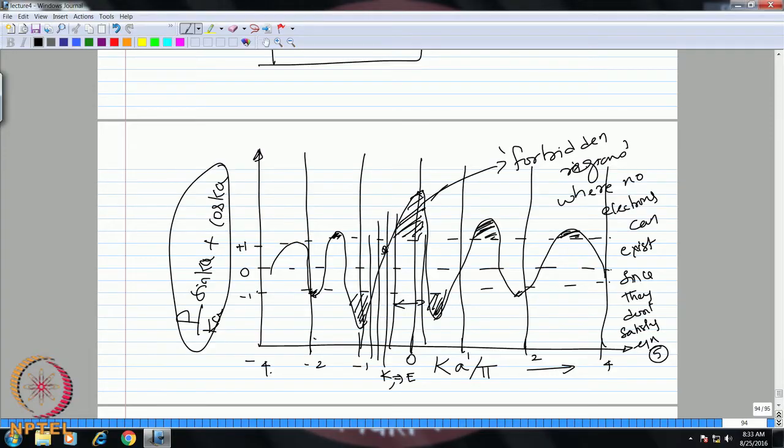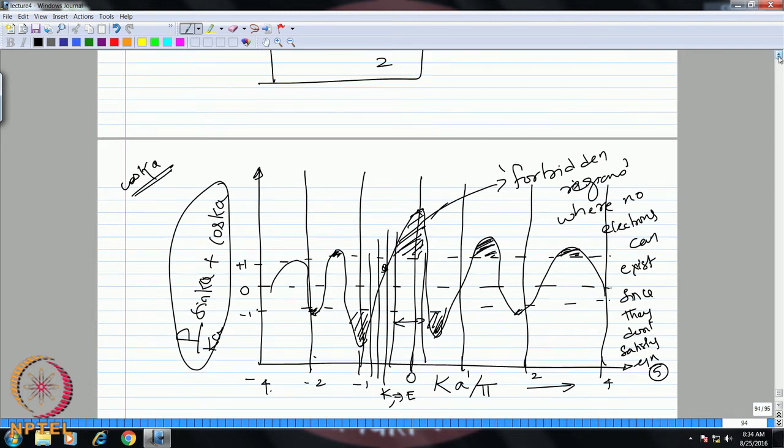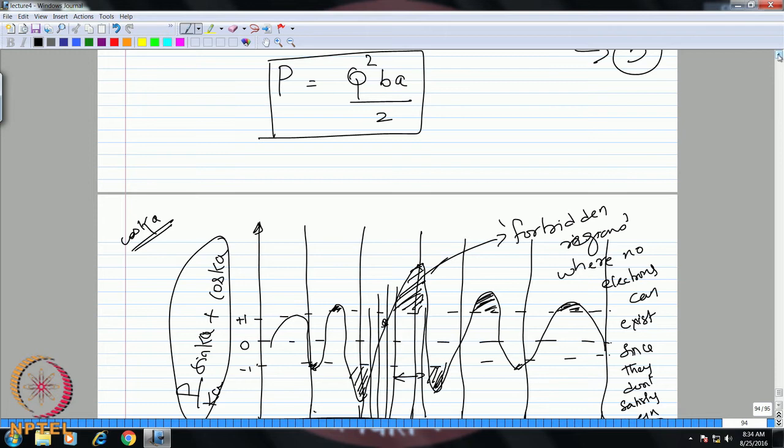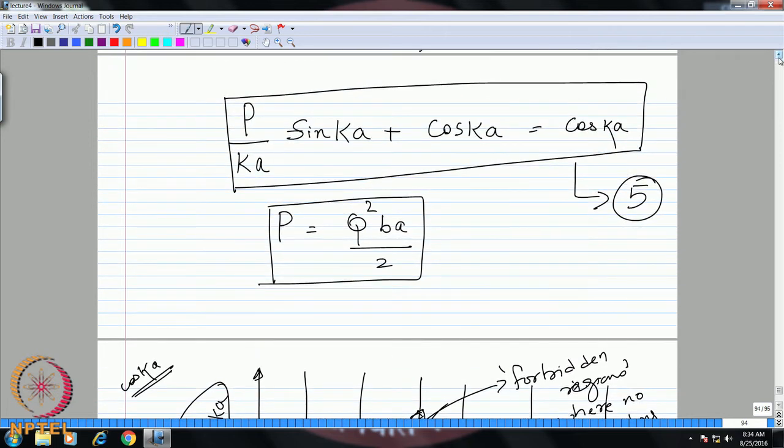How this band gap comes is because of this forbidden region. You should also understand that what I have drawn here cannot be perfectly continuous lines, because the values of cos kappa A are discrete, since kappa is discrete.